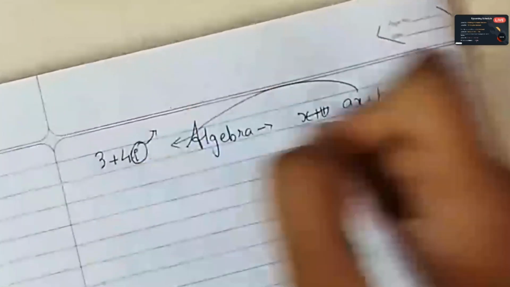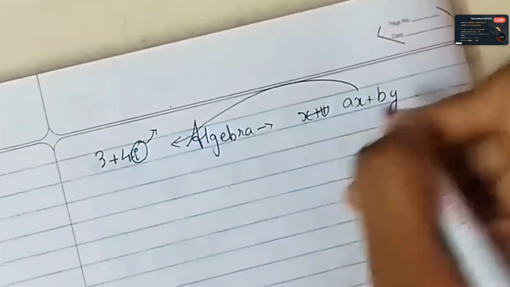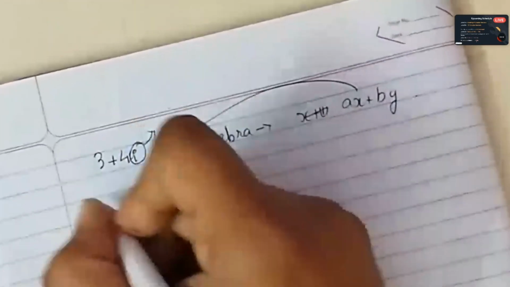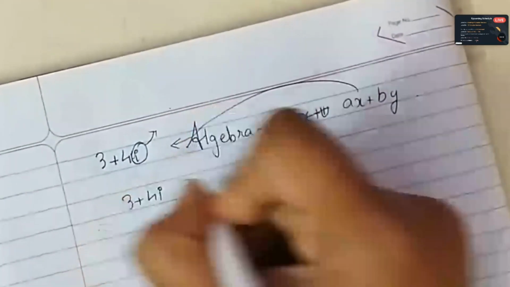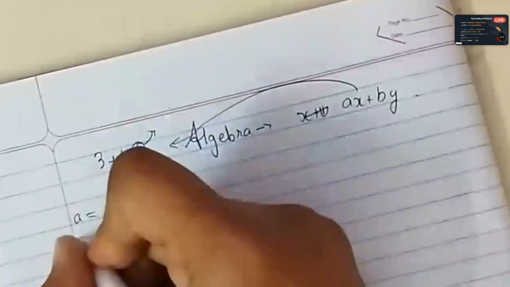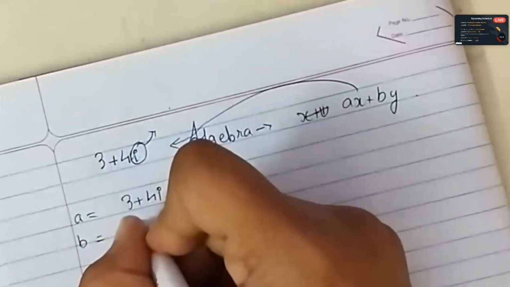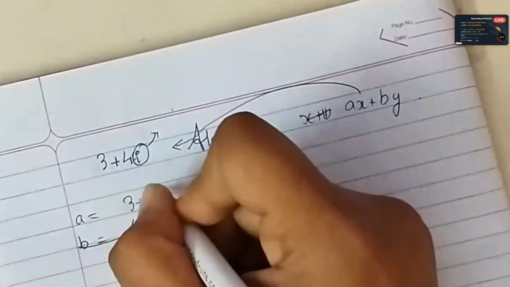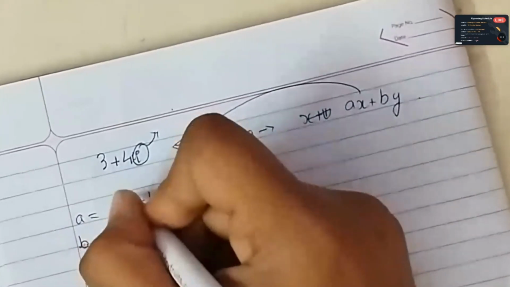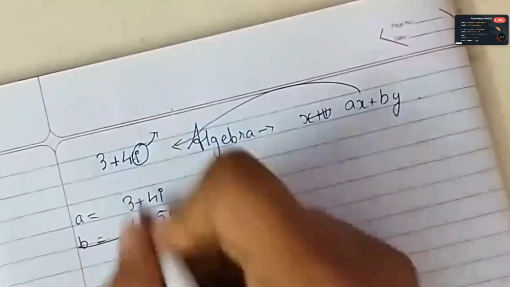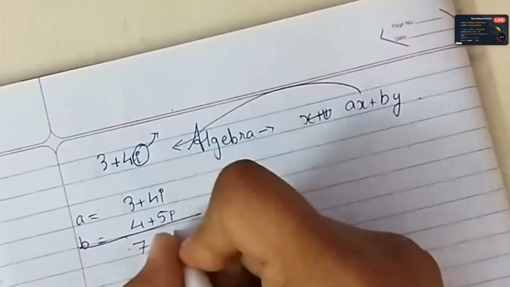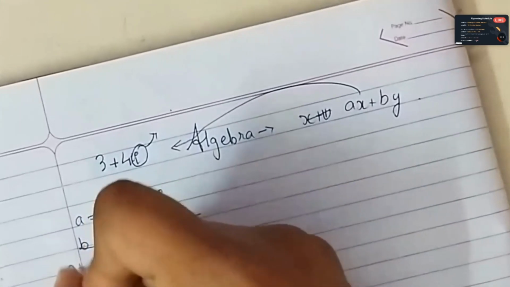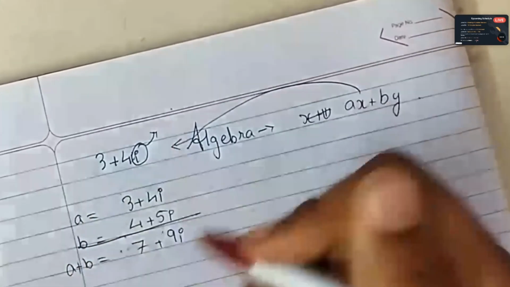So let's say this is a number and another number is 4 plus 5 iota, then in the addition we add the imaginary terms and the real terms separately. So it's basically 7 plus 9 iota. This is the addition. Same with the subtraction.